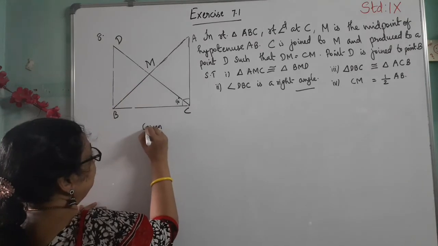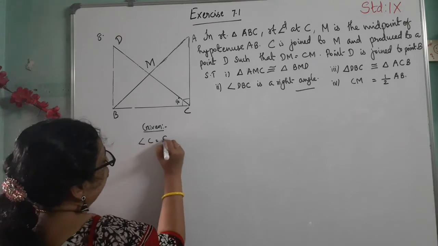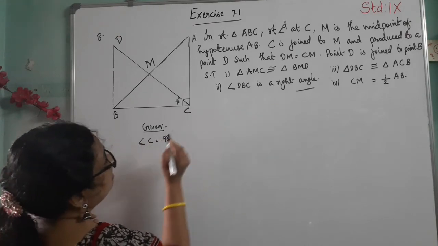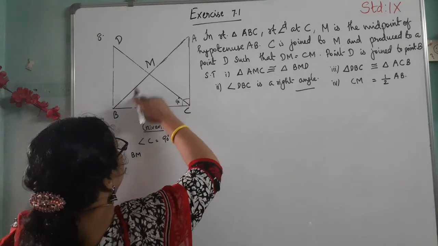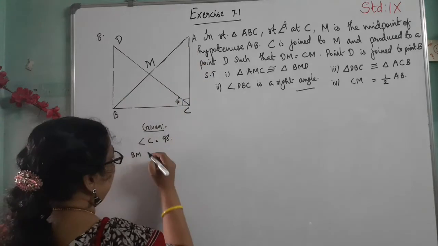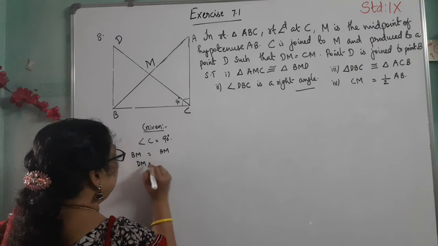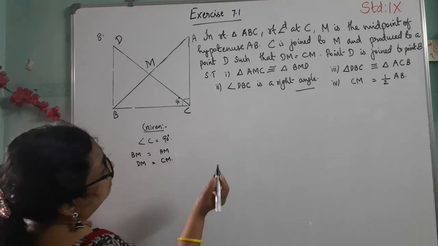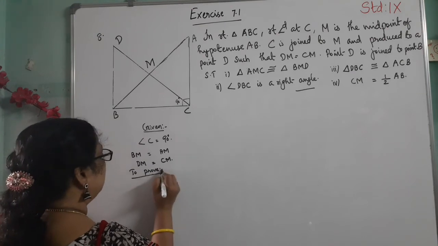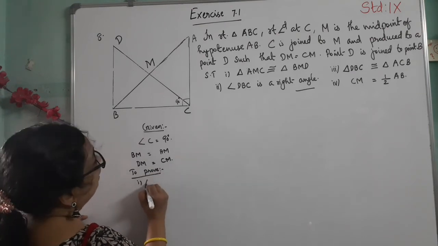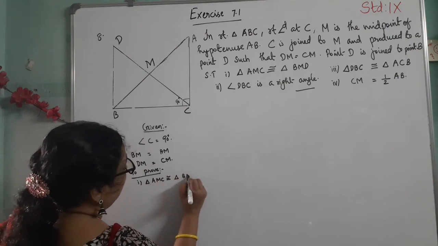Given: right angled at C, that is angle C equals 90 degrees, and M is the midpoint of AB, that means BM equals AM. Then DM equals CM. To prove: first, triangle AMC congruent to triangle BMD.